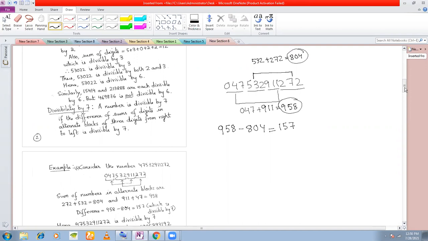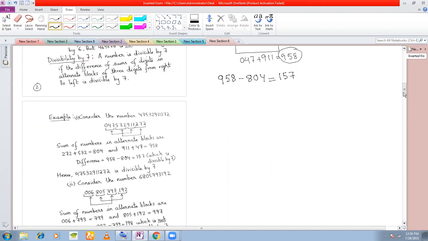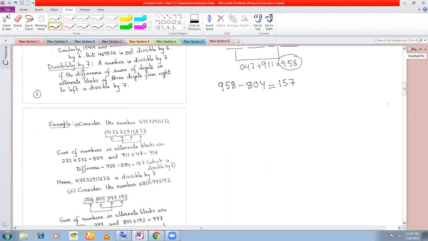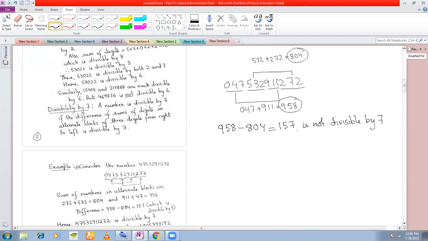It is not divisible by 7. Since 157 is not divisible by 7, we say that this number, 47532911272, is not divisible by 7.